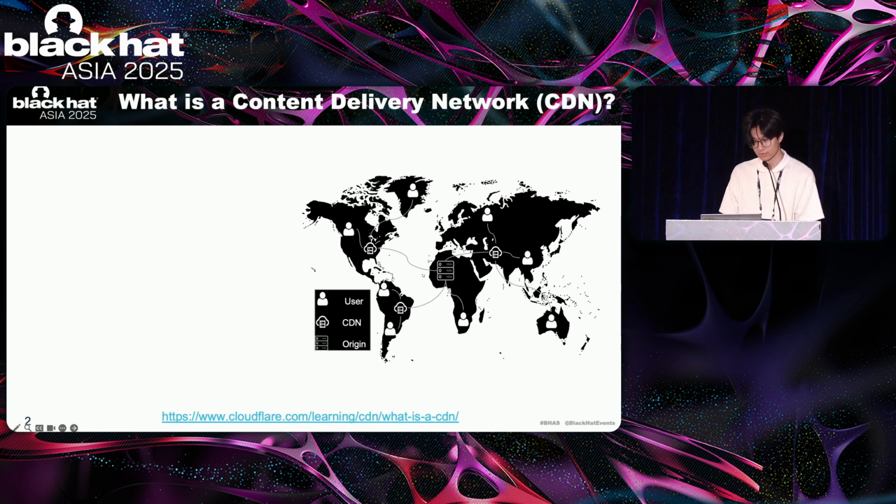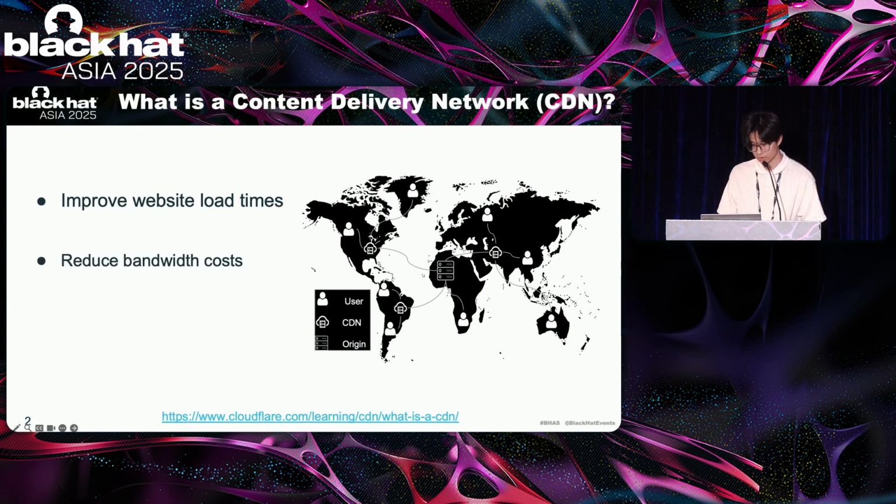When a website is hosted behind a CDN, users can connect to the nearest CDN server, dramatically speeding up content delivery. And that's not all. The CDN also acts as a shield hiding the website's real IP address. This brings real advantages, like improved website load times, reduced bandwidth costs, and DDoS defense.